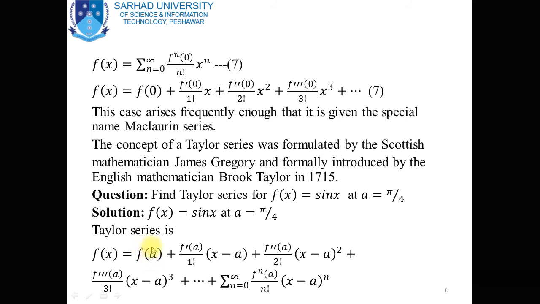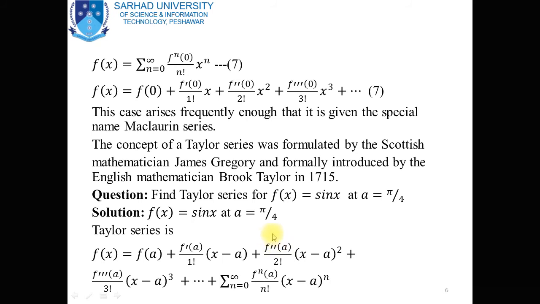Putting x equals a, which will be given in the problem, you will obtain this term. Now take the derivative of the function and put the value in this first order derivative. So we obtain f prime at a divided by 1 factorial into x minus a, plus obtain the second order derivative of the function and put x equals a, which is given in the problem.